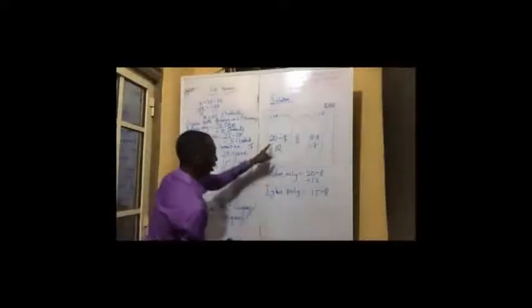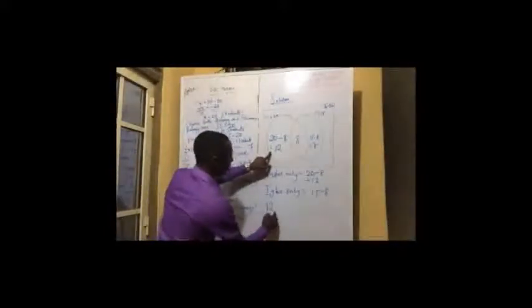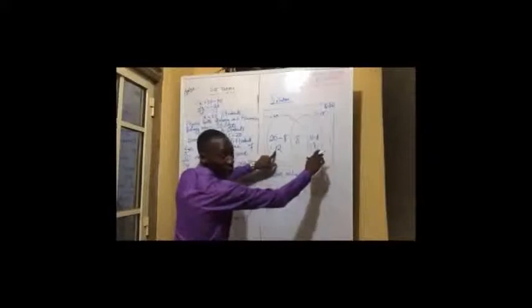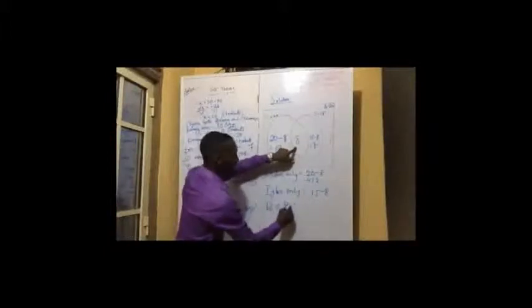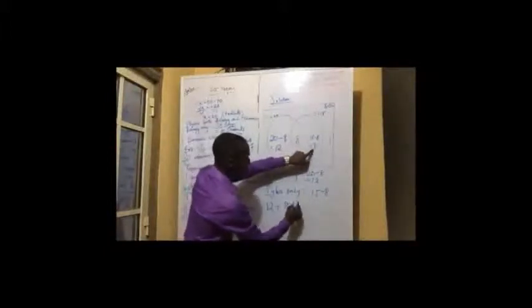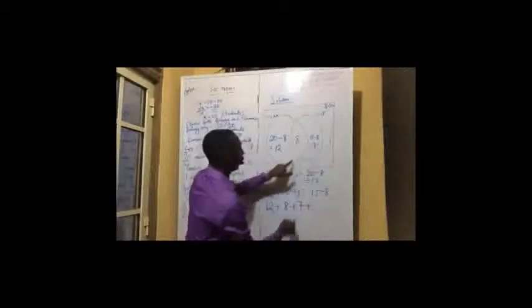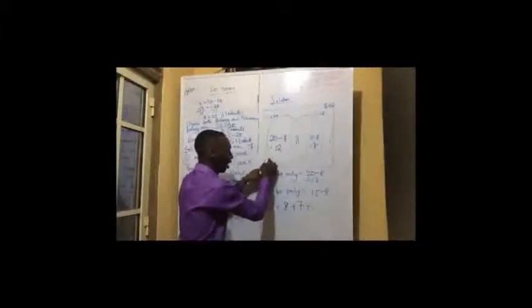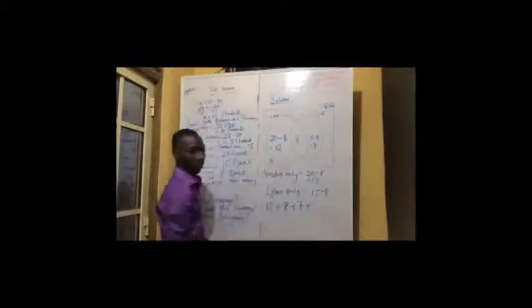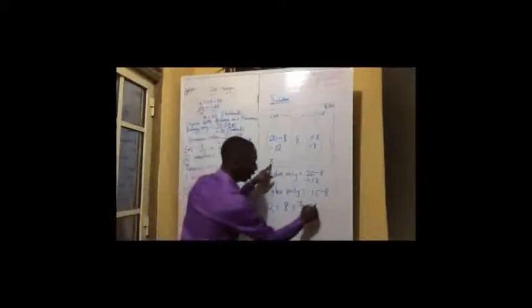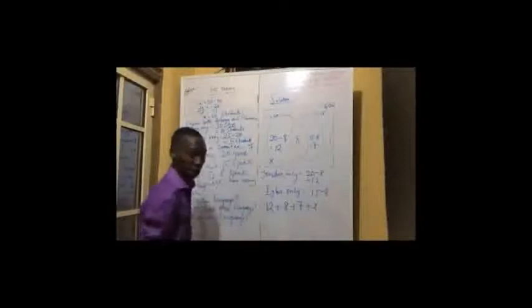Very simple. Don't forget, this will give you 12. The addition of all this, that will be 12 plus those that speak both languages, 8, plus those that speak Igbo only, 7, plus those that are outside that are not doing anything. Let's call them X. They are not doing anything, but they are still in that committee.